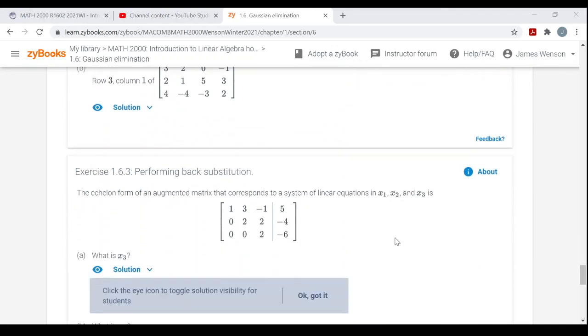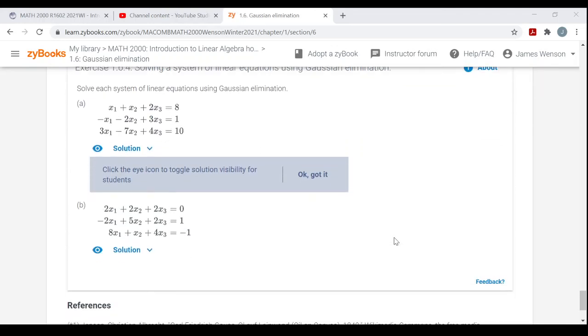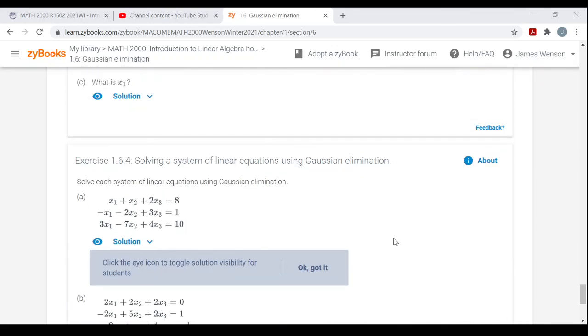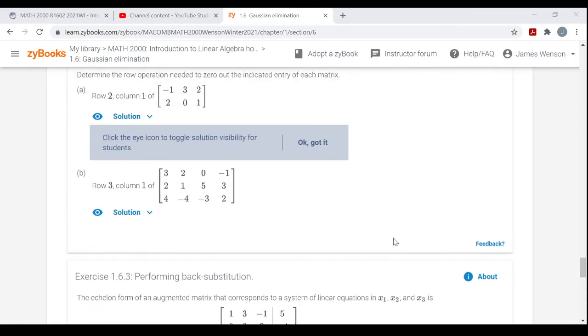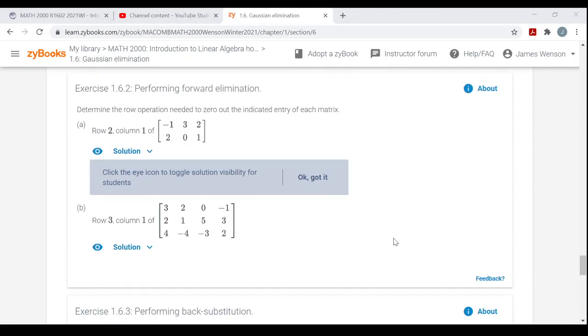There are also some problems that I didn't assign, so please try doing those as well, and if you have any questions on those, let me know. You can also view the solutions to those just for extra practice, to get extra exposure to the material. That's the only way you get better at anything, is to practice more and more.